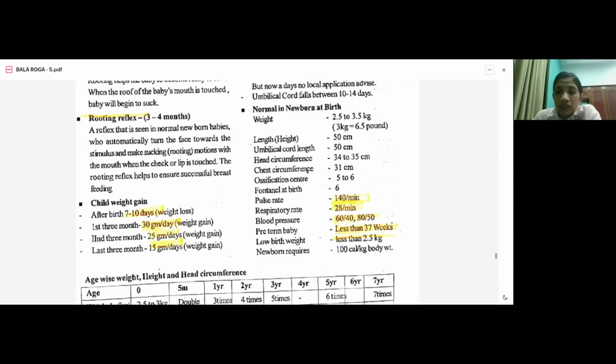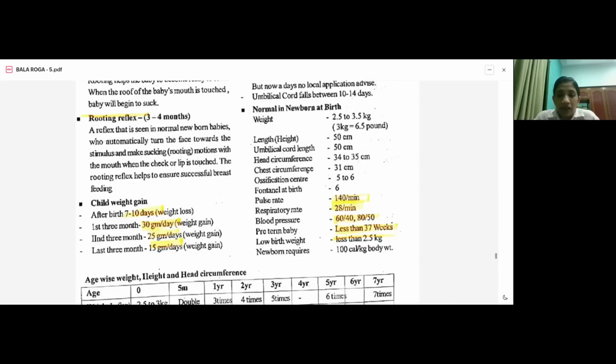Then the pulse rate at the time of birth is 140 per minute, whereas the respiratory rate is 28 per minute. And the blood pressure is 60 by 40 and 80 by 50. A baby is termed preterm if the birth occurs at less than 37 weeks.